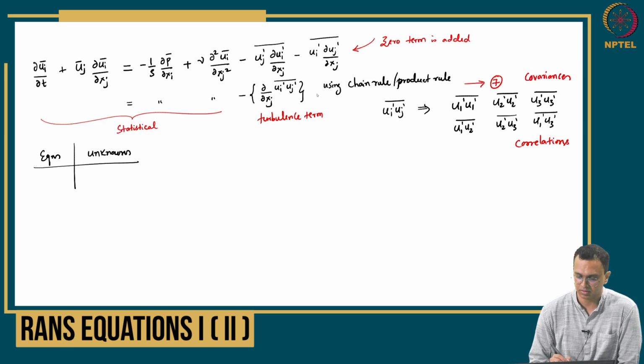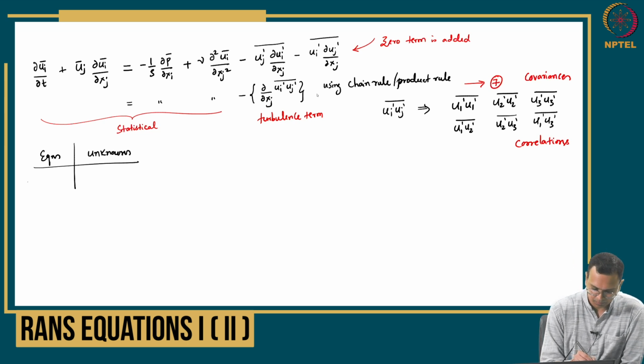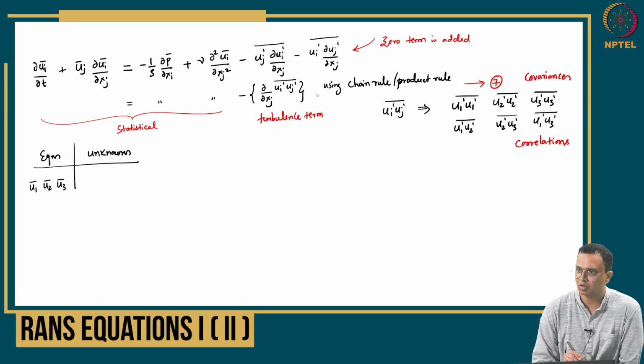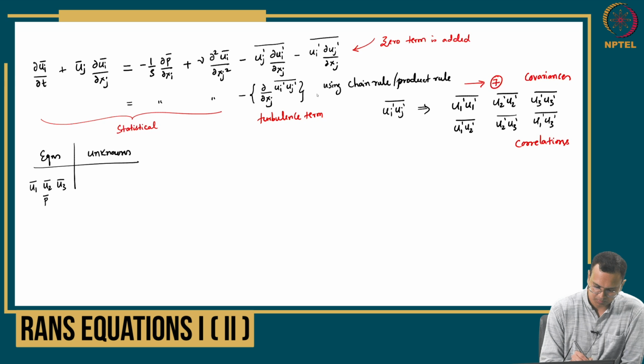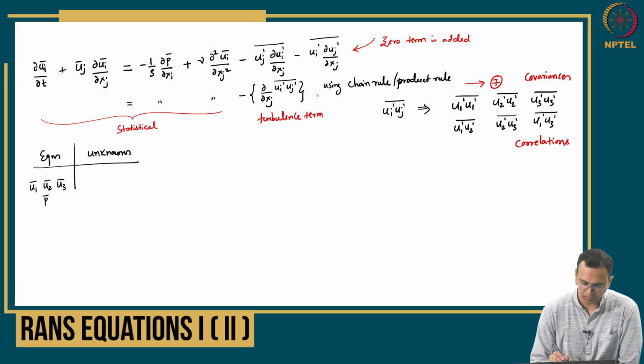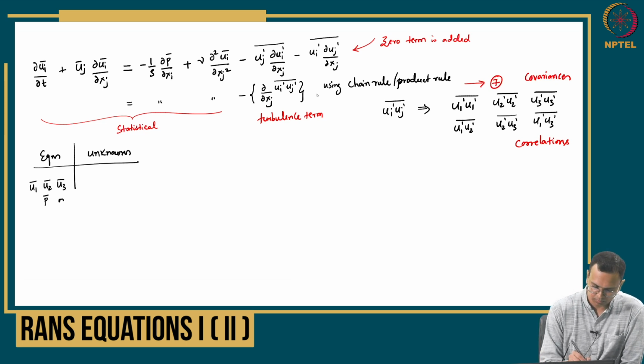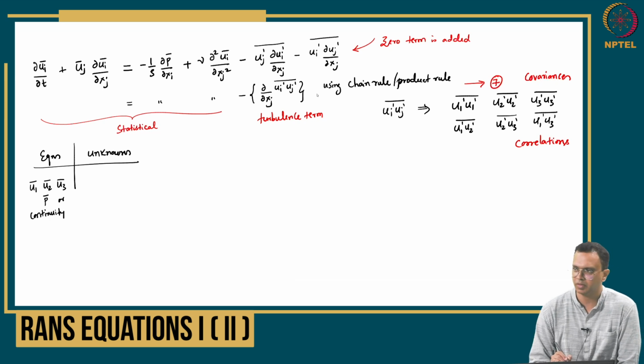Even if you use the mean pressure, the Poisson equation, or using the continuity like before, basically we have u1 bar, u2 bar, u3 bar, 3 mean velocities and mean pressure. You can get a Poisson equation for it, or you can use the continuity equation, depends on the way you want to solve.